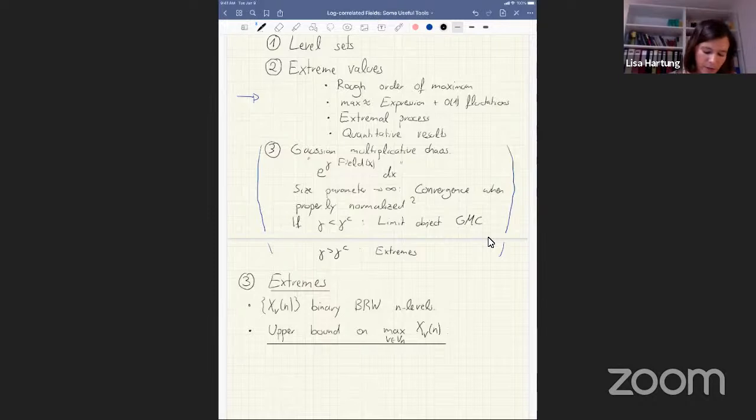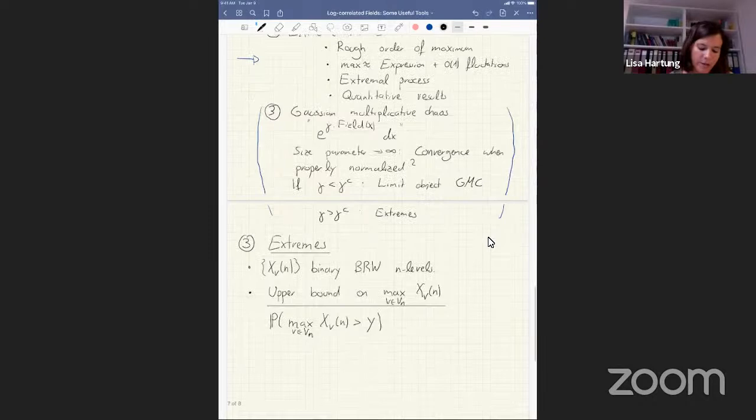So what I would like to look at is the probability that the maximum over all leaves v in V_n of X_v(n) is greater than some value y, which we would like to choose later in such a way that we can say something meaningful. So now I would like to find an upper bound.